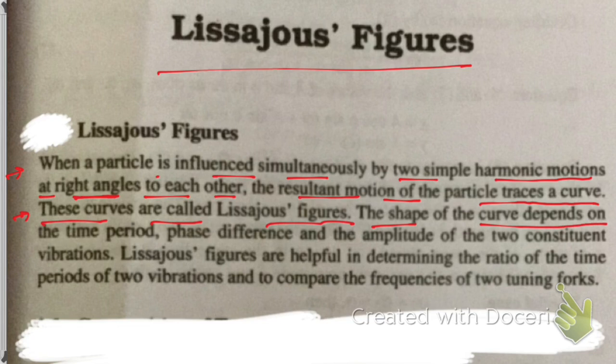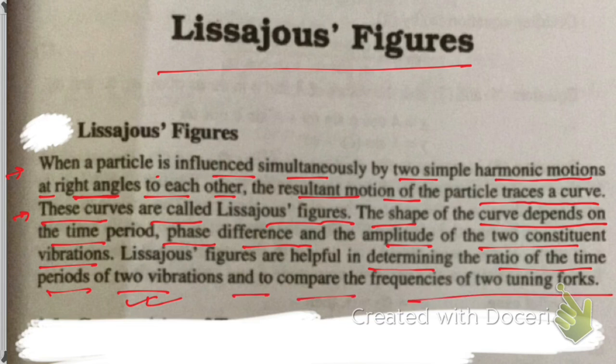The shape of the curve depends on the time period, phase difference, and the amplitude of the two constituent vibrations. So this is all about Lissajous figures, and this helps in determining the ratio of the time periods of two vibrations and in comparing the frequencies of tuning forks. So hope you have understood this. Now let's move on to the next topic.